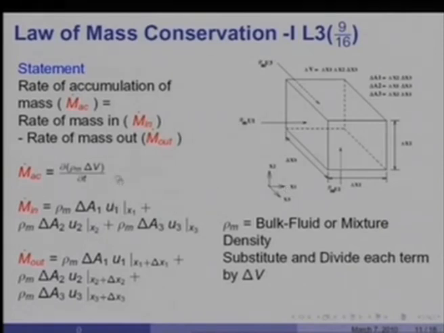So, having replaced the verbal statement by its mathematical form, we divide each term here by volume delta V, which is nothing but delta x1, delta x2 and delta x3. And remember that delta A1 is delta x2 delta x3, delta A2 is equal to delta x1 delta x3, and delta A3 is delta x2 delta x1.